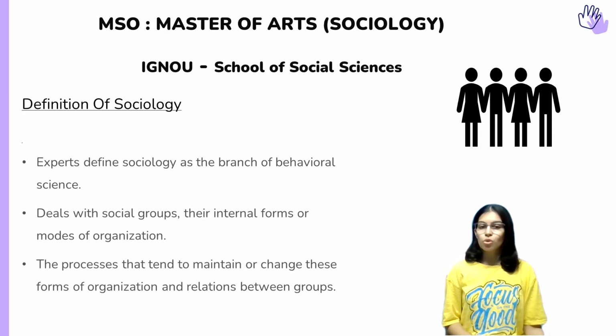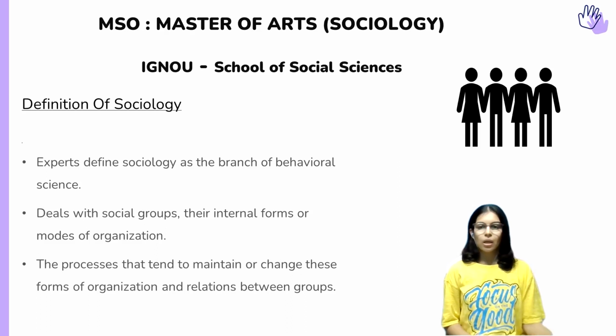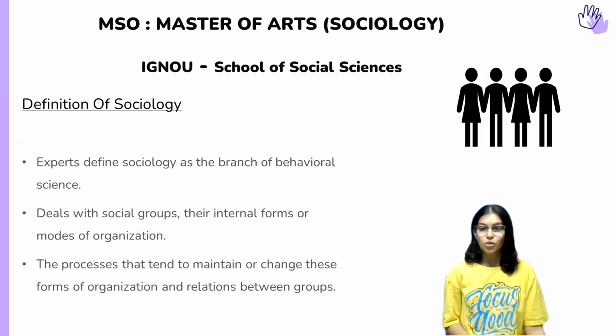Secondly, it deals with social groups, their internal forms or modes of organization. What do individuals or human beings form? They form social groups. So we study the social groups in this subject, the internal forms of those social groups and their modes of organization.